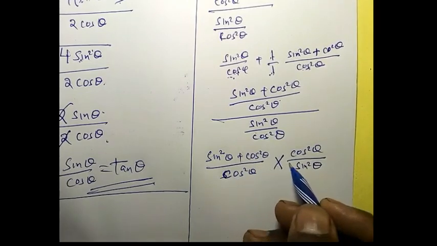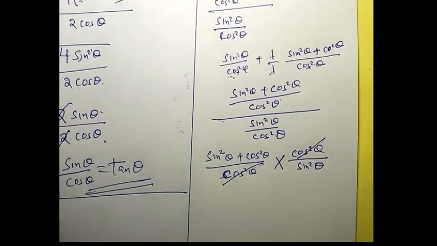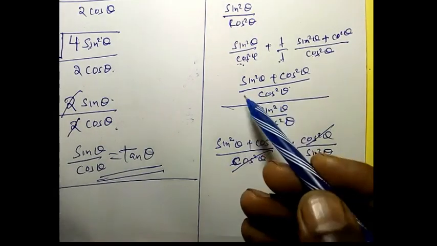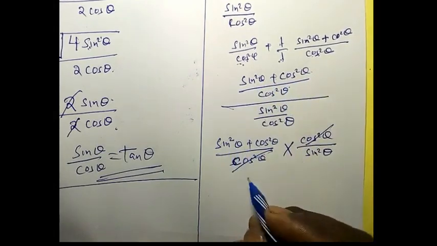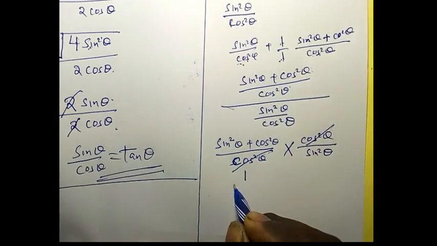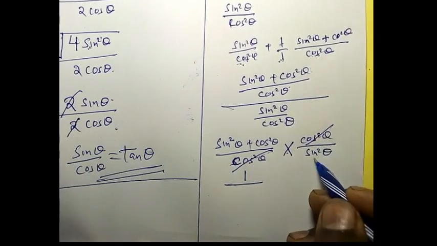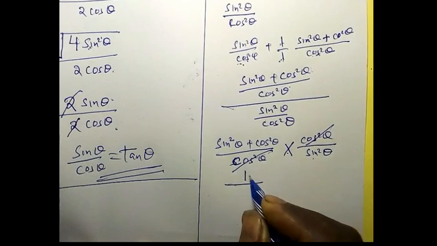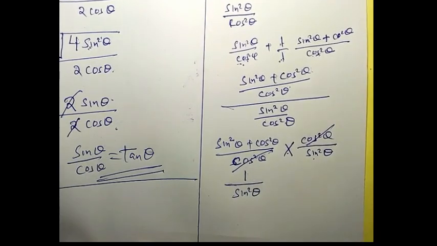So this is multiplication, and this one and this one will just go. It is also important to note that sine square theta plus cos square theta is 1. So this is 1 over 1 times 1 over sine square theta. So we are going to have 1 over sine square theta, right?